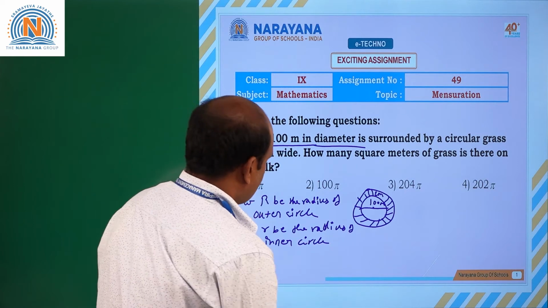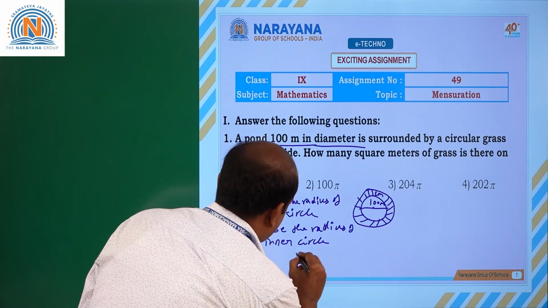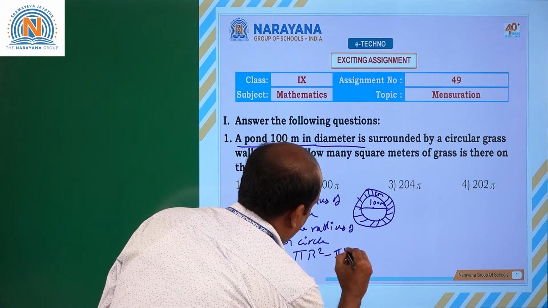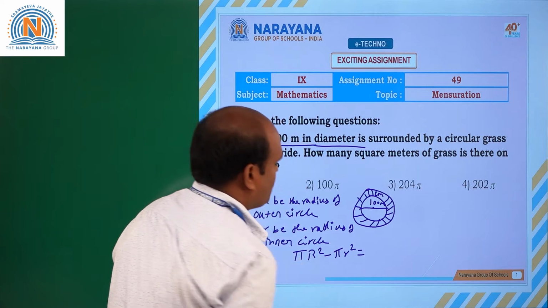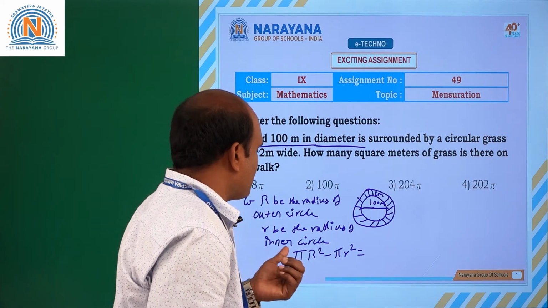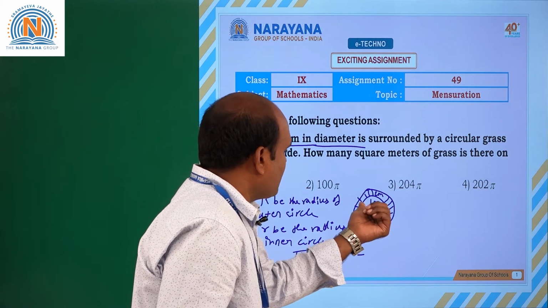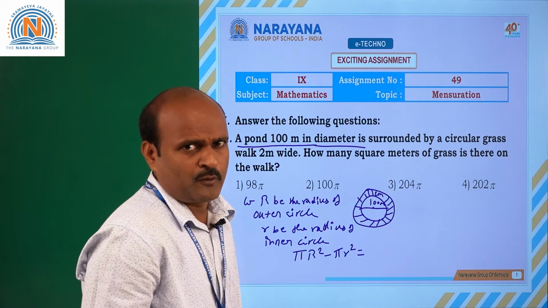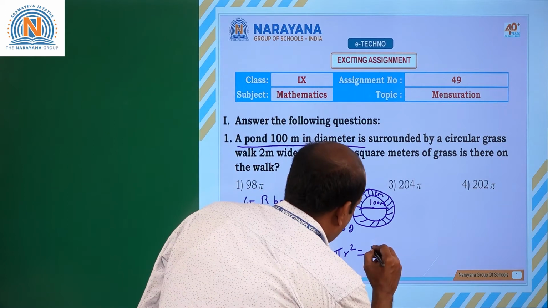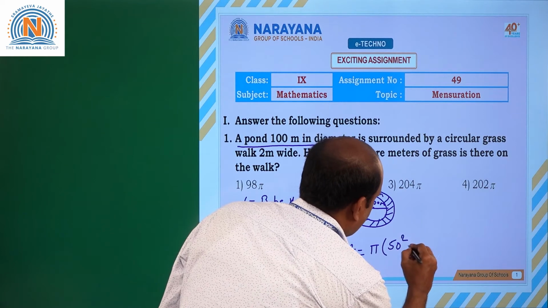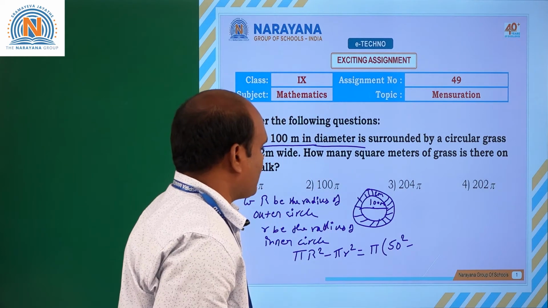Now outer circle minus inner circle, that is pi capital R square minus pi small r square, that is equal to pi (R square minus r square). What is capital R? Diameter is 100 meters, so radius is 100 by 2, 50, right? So that is pi into 50 square minus small r square.